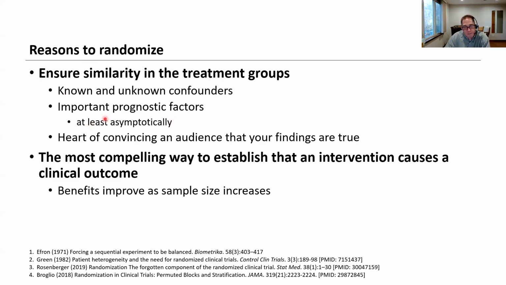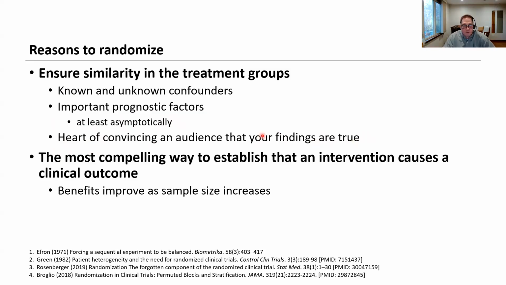This is at least asymptotically balanced if you have a large enough sample size. If you don't, then maybe some stratification will help here. This is at the very heart of convincing an audience that your findings are true.